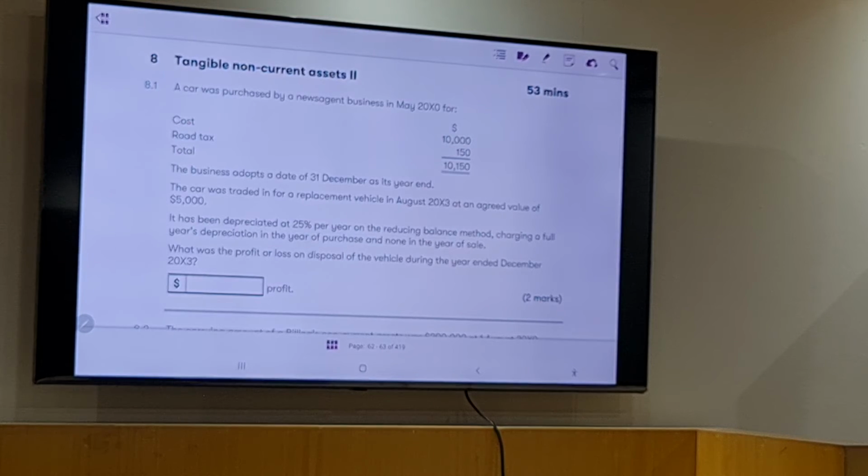This is by the reducing balance method. So this is the total depreciation. Yes. And what was the cost? 10,000. So what is the net book value?